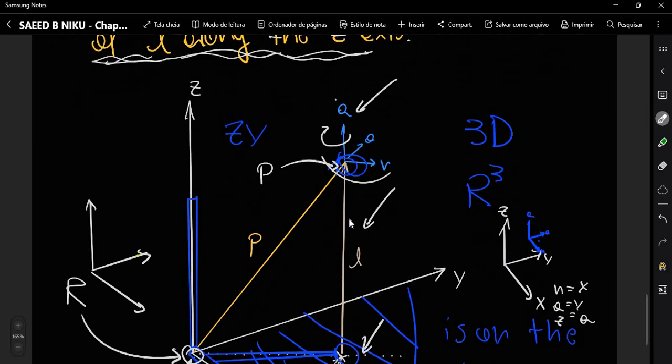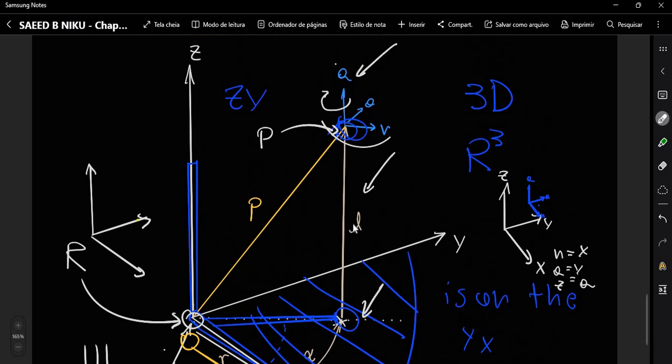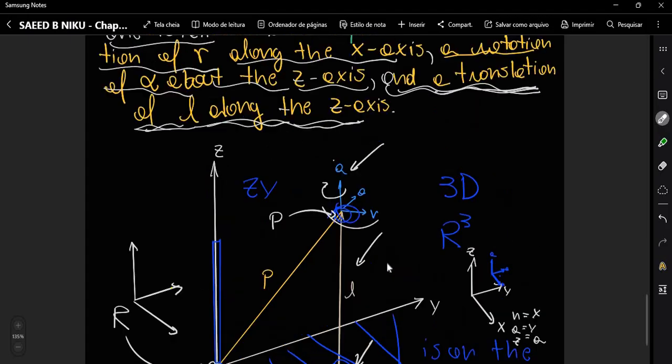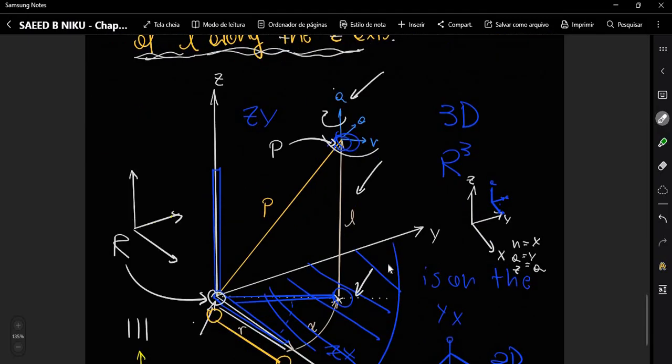So let's remember, again, very important, and I don't know if I can stop telling this to you, that this is an analogy to a robot arm. We are doing analysis, thinking in terms of linear algebra, thinking in terms of geometry, but we have to use this thinking, doing an analogy to a robot arm. So this vector, notice that is a vector, but we are doing an analogy to a robot arm.